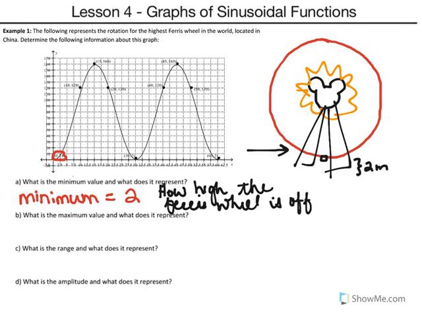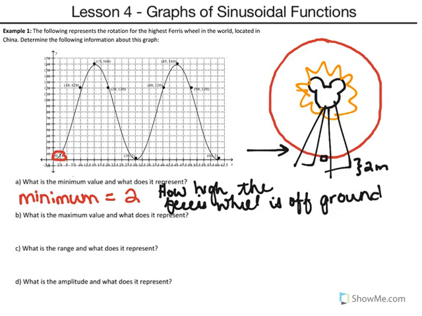And when it says to explain something within context of the equation, I don't want to just hear that the minimum is 2 and that's the smallest point. It needs to actually make sense to the question. So it's how high the Ferris wheel is off the ground. It has to be specific to the question.